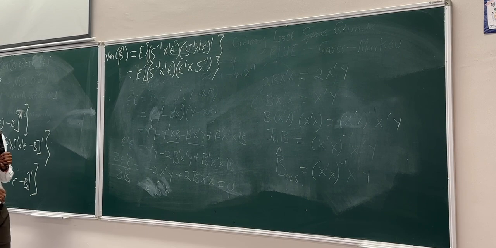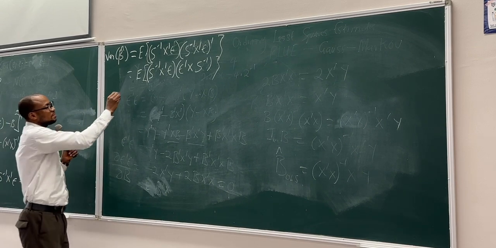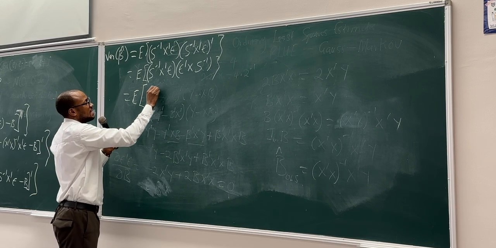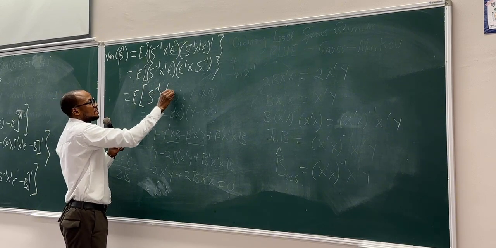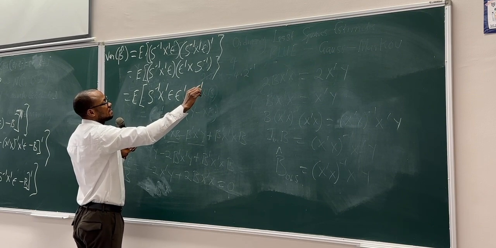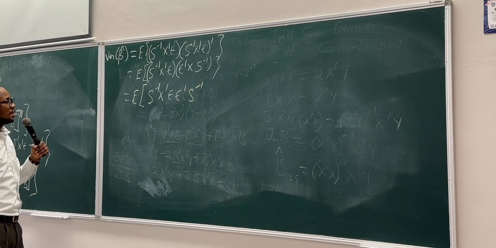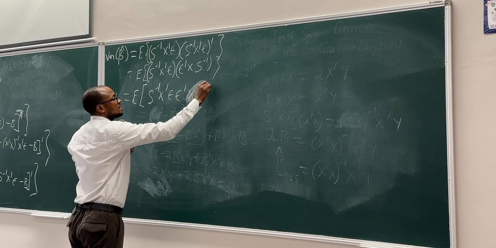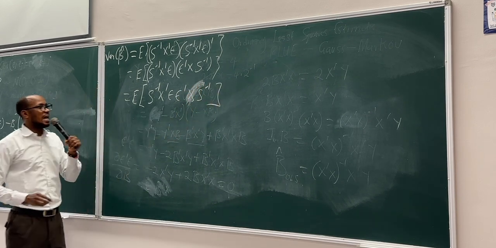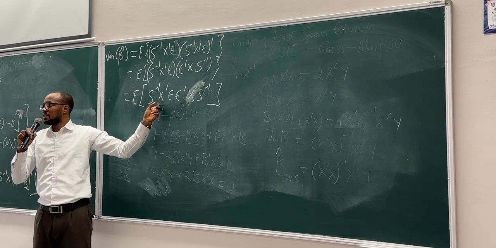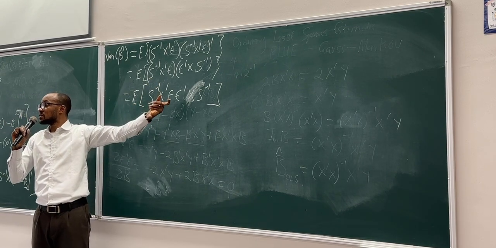Okay, let's go back. Now, this gives us X inverse, X prime E, E prime, X, X inverse, right? Now, if you check it out, these are constants. X inverse is a constant.